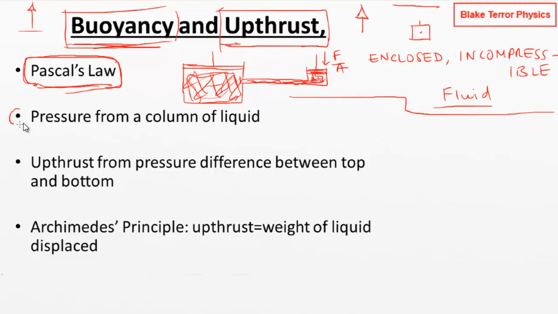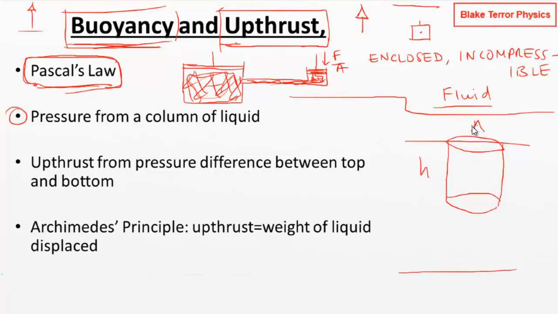So if we're going to start looking here at the pressure from a column of liquid, you've got some amount of liquid. We take a column of this, let's say it's a cylindrical column of liquid, and we can say it's of height h and it's got area A. Then we know that we've got the weight acting downwards.